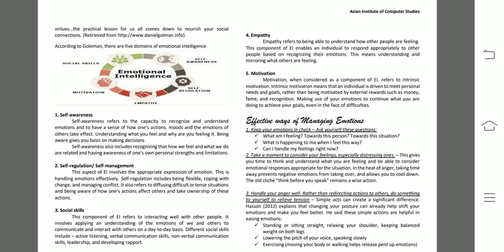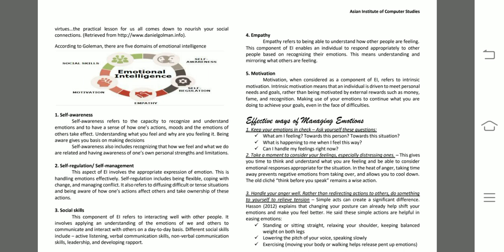Pag sinabi nating motivation, usually, when considered as a component of EI, it refers to intrinsic motivation. Pag sinabi nating intrinsic motivation, it means that an individual is driven to meet personal needs and goals.